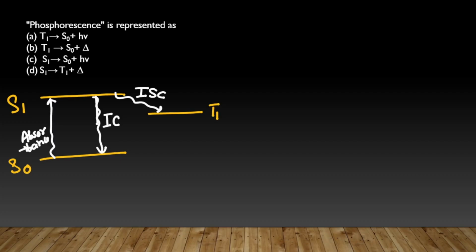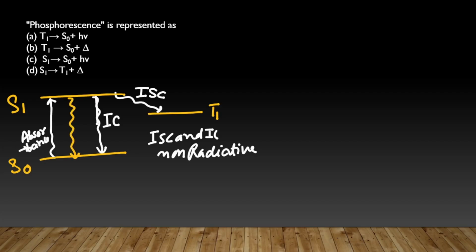And these intersystem crossing and internal conversion processes are both non-radiative. ISC and IC, these both are non-radiative. That means no light will be emitted in them, right? But if you see from S1 to S0, if the particle is returning and some light is emitted, this is called fluorescence.